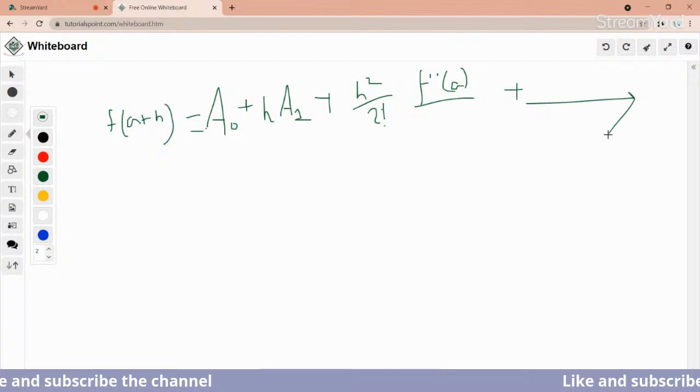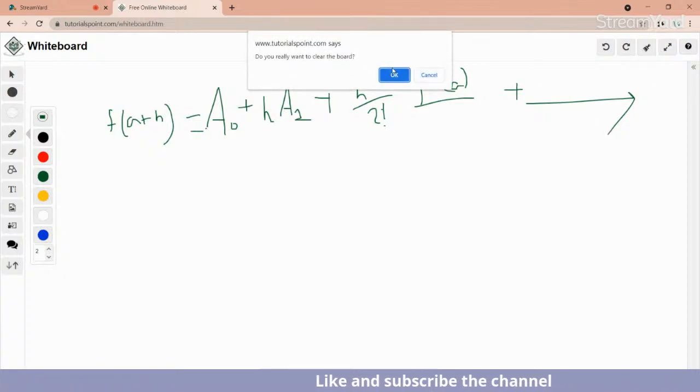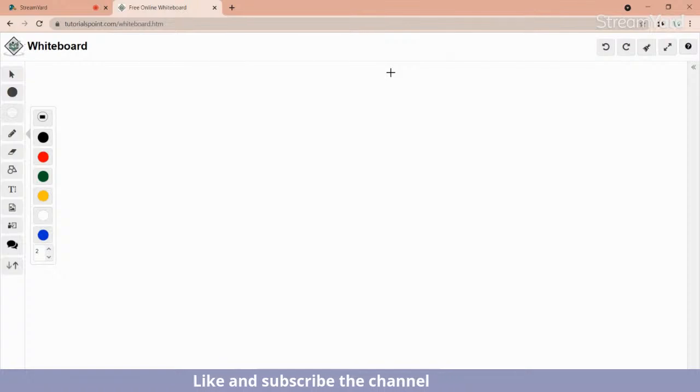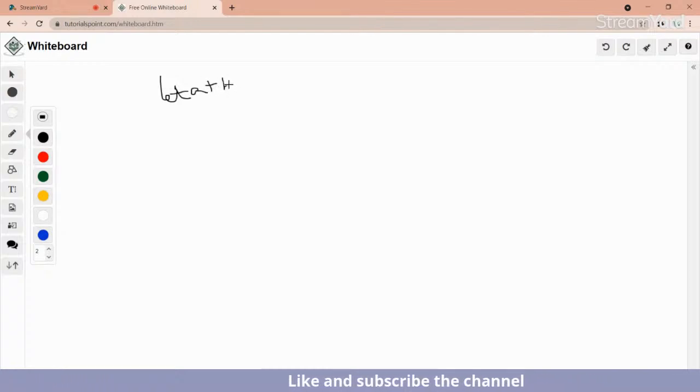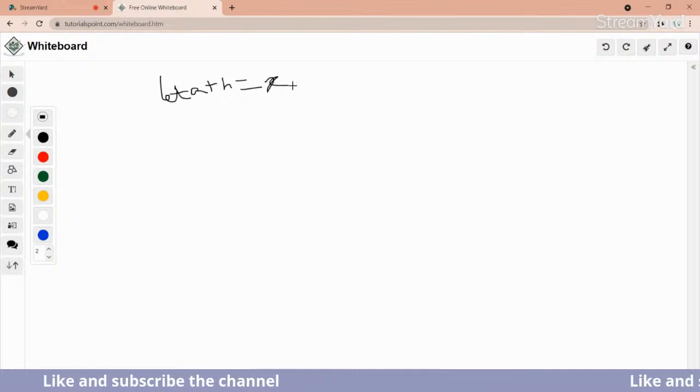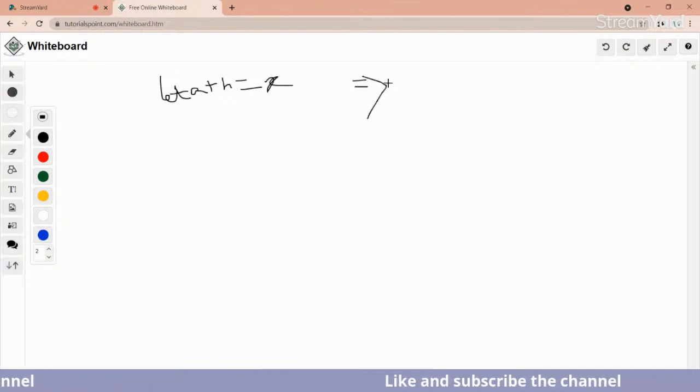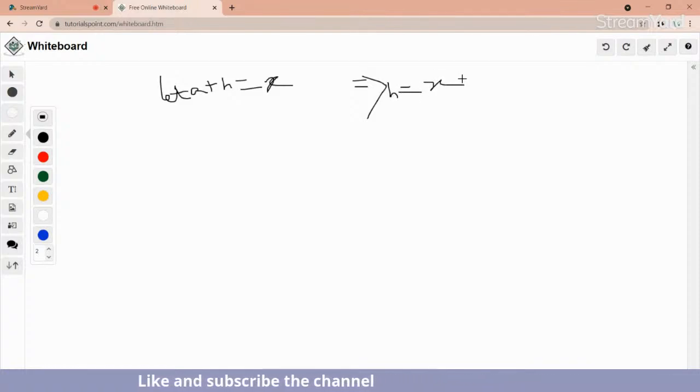Now there is a special case of Taylor's theorem. Let me show the special case. So what is the special case? Let a plus h is equal to x and h is equal to x minus a.